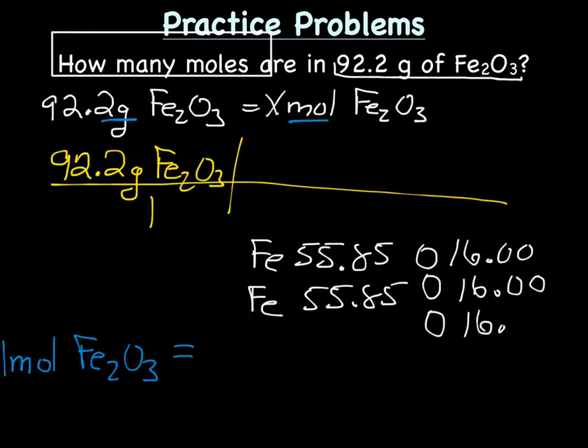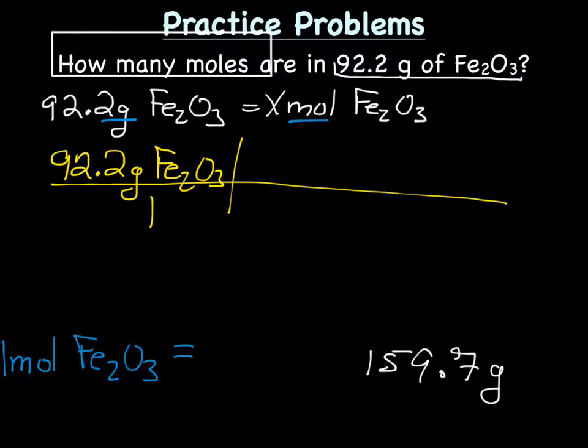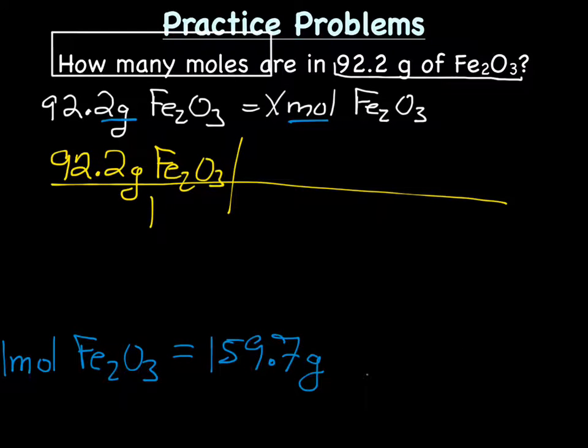And when we add those together, I come up with 159.7 grams. So now we can complete our equality. 1 mole of iron 3 oxide equals 159.7 grams of iron 3 oxide.